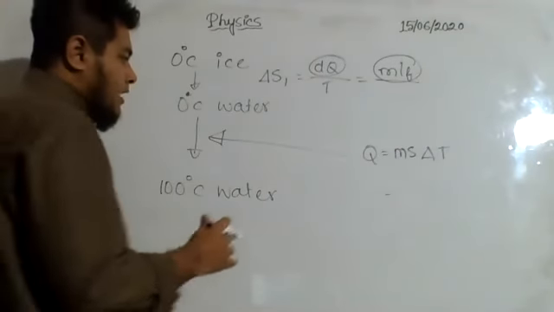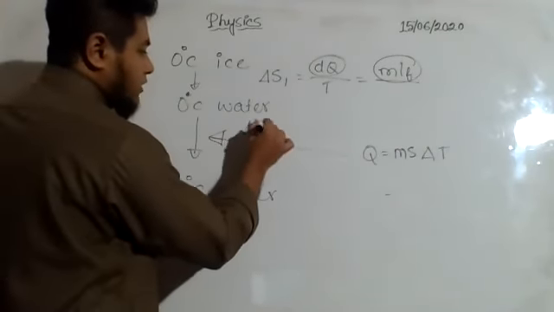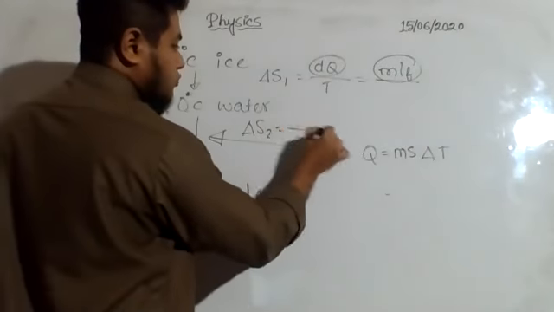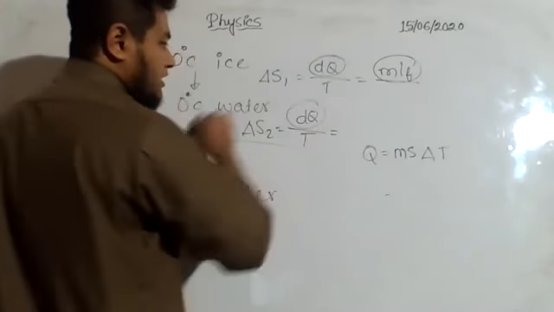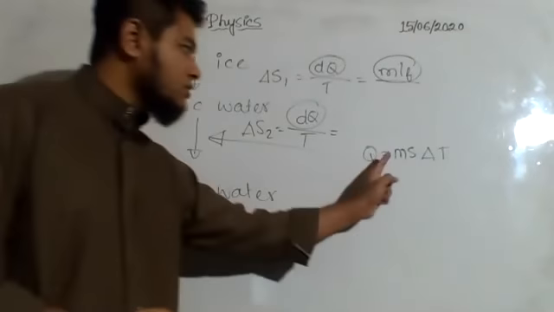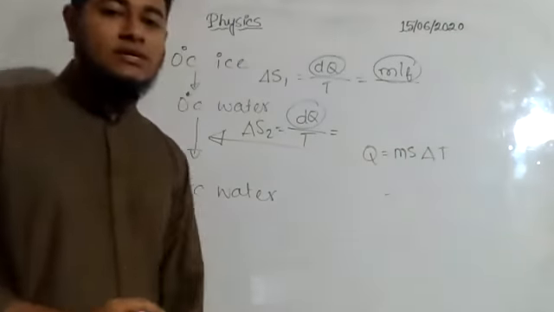Now here, if I want to calculate delta S2, it will be equal to dq by T. Now what is dq? dq is equal to m s dT.